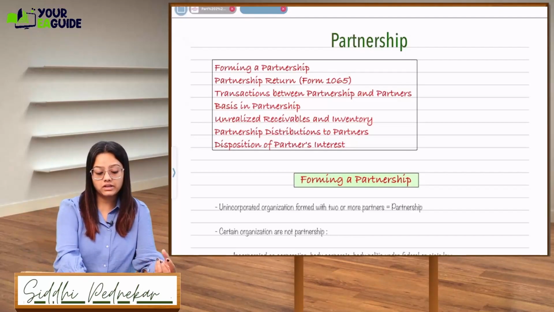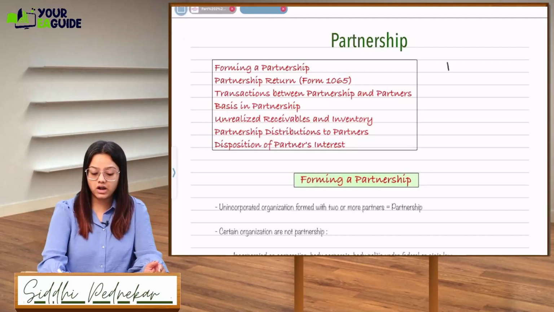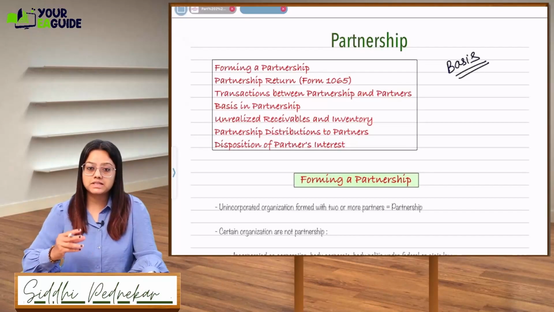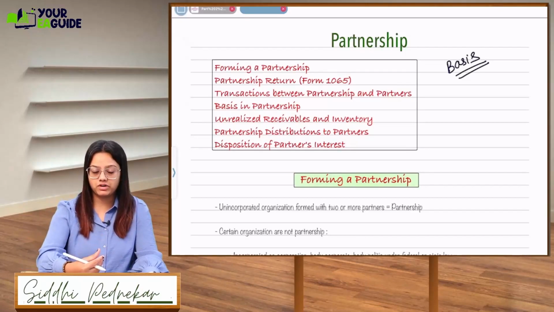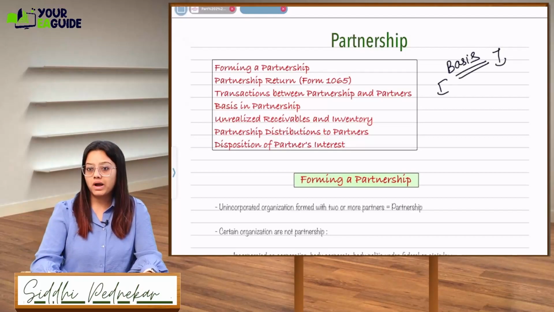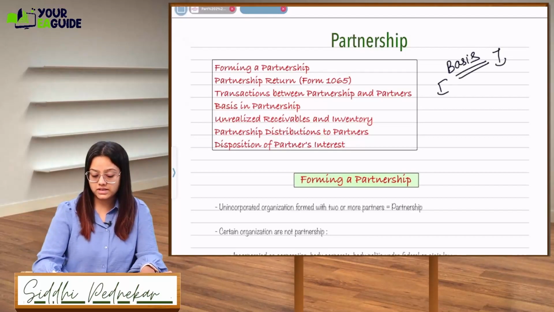The whole chapter is all around the basis of a partnership firm and the basis of a partner in the partnership firm. It is basically divided into two categories: one is the outside basis and one is the inside basis.